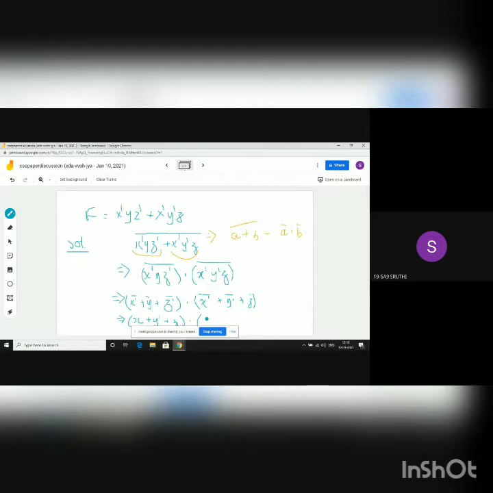Here x complement, the whole complement, is x, plus y complement, the whole complement, is y, and z complement is z. So this is the simplified expression of the given function. That is, the complement of this function results in this.